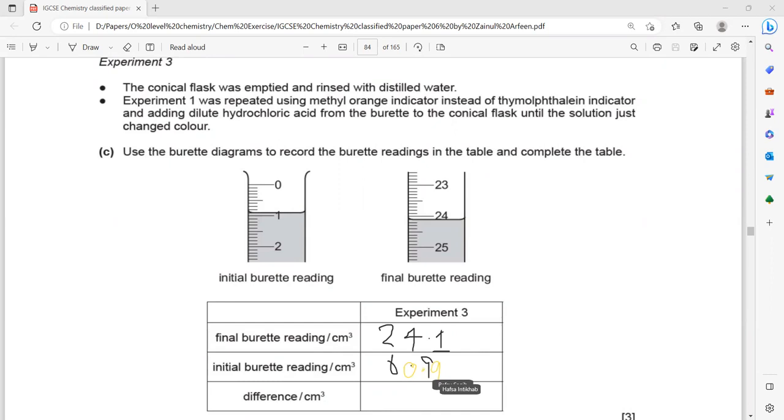Final is 24.1. Initial is 0.9. And how much is the difference? The difference is 23.2. So 23.2 is the difference.